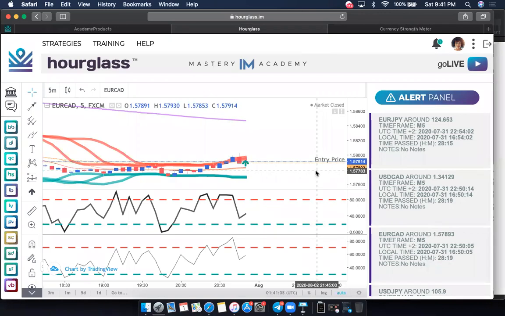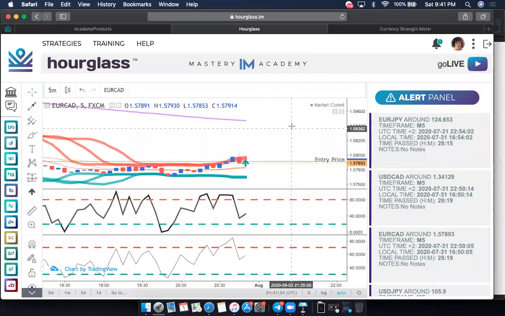If we're looking for a put on Eurocad, which currency should be stronger, the first or the second? Second, absolutely. So simple. See how easy this is?